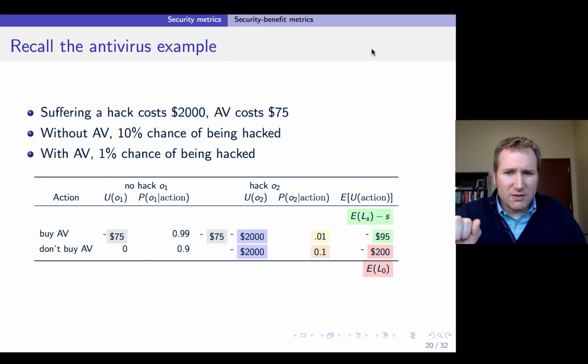Whereas the loss of $95 is the expected loss at security level S minus the money spent to reach security level S. The 0.1 probability of not buying antivirus but getting hacked is P0. The 1% probability of being hacked if you do buy AV is PS. The $2,000 loss is lambda, and the $75 you're out for the AV is just the security level S. Again, this is assuming the effective security assumption where S is equal to C.